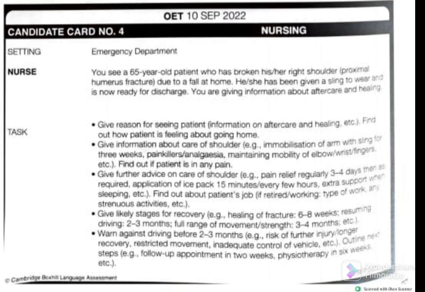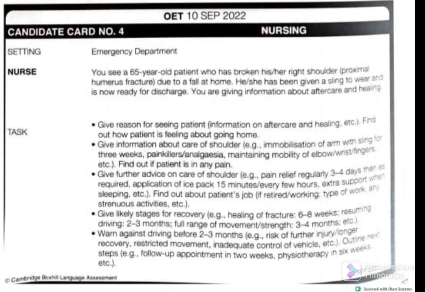Find out how the patient is feeling about going home. Then we can ask, may I know how you are feeling about going home now? So that means you have asked about the feelings. Then the patient may tell you, it's okay, fine, sister. I'm happy to go home and I can take care by myself at home.